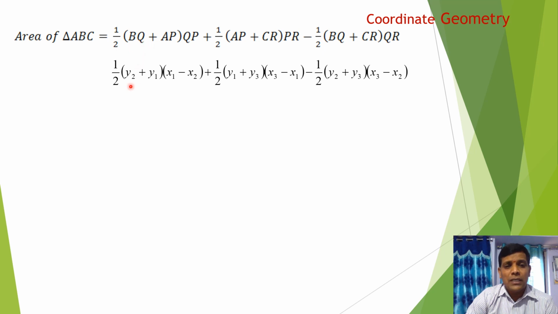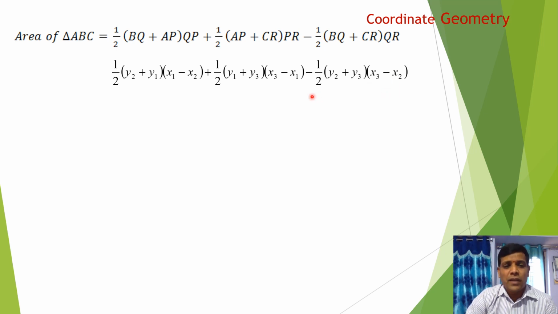BQ means y2 plus AP means y1, into QP, which is x1 minus x2, plus half into (AP is y1 plus CR is y3) into PR, value x3 minus x1, minus half into (BQ means y2 plus CR means y3) into QR, written as x3 minus x2.